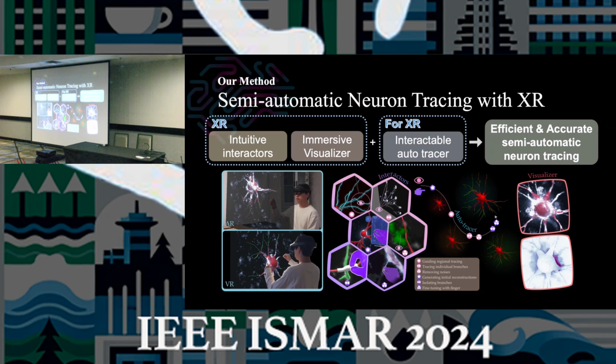Instead of relying solely on automatic algorithms or manual tracing, we allow the user to interact naturally with the system, making the tracing process faster and more accurate. By combining those elements, we achieve a balance between computational power and human guidance, resulting in efficient and accurate semi-automatic neuron tracing.